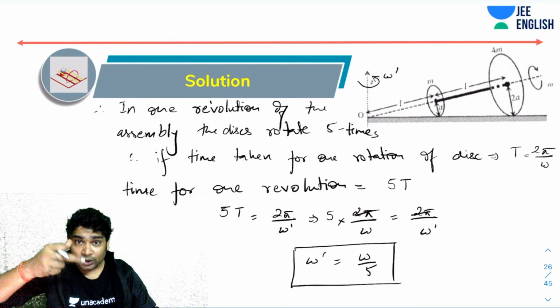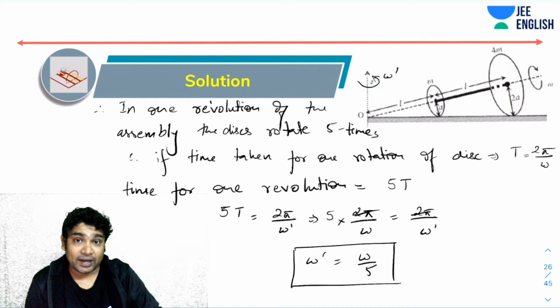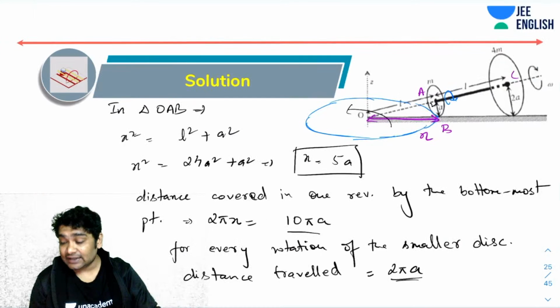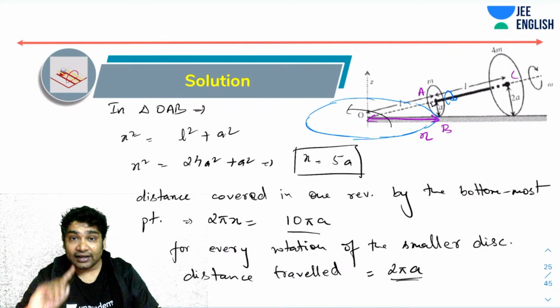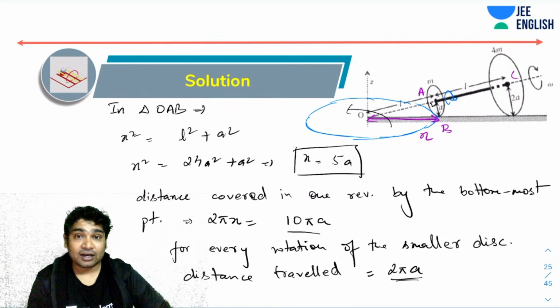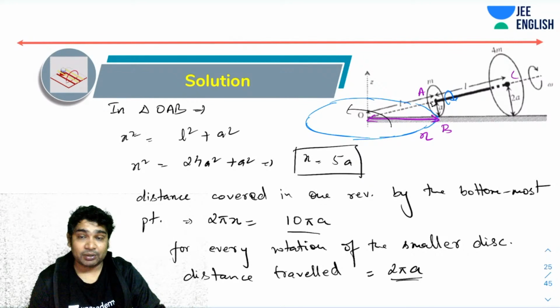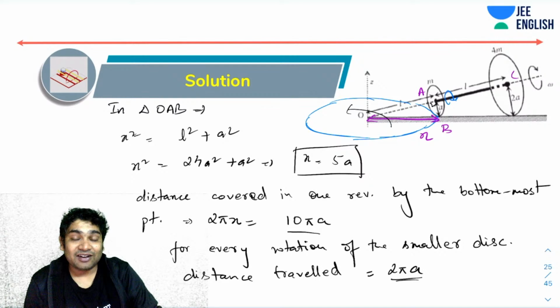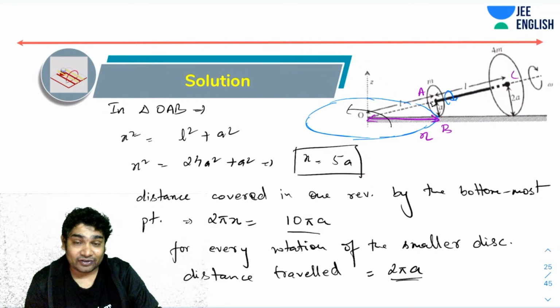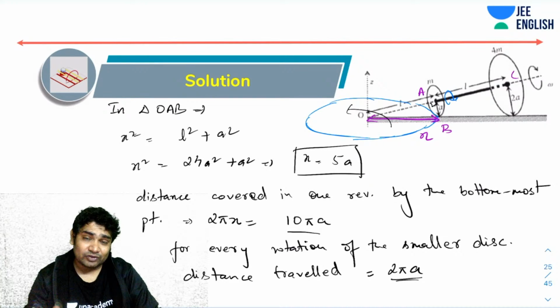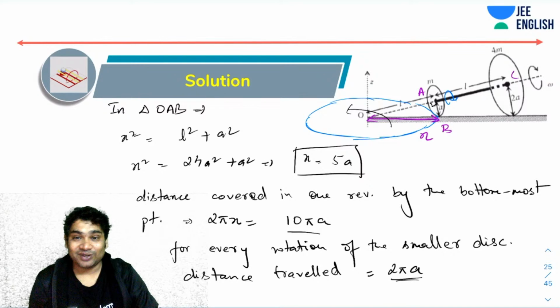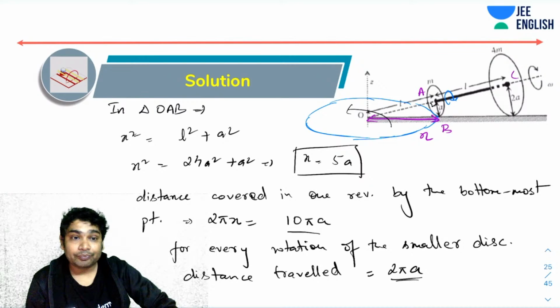Now in one rotation of the disk, it would have covered a distance of 2 pi a, and since x is equal to 5a, it is traveling in 5 times the radius. So for every 5 rotations of the disk, one revolution would be completed. So the angular frequency of revolutions would be 1/5 of the angular frequency of rotation of the disk. I hope you realize that.